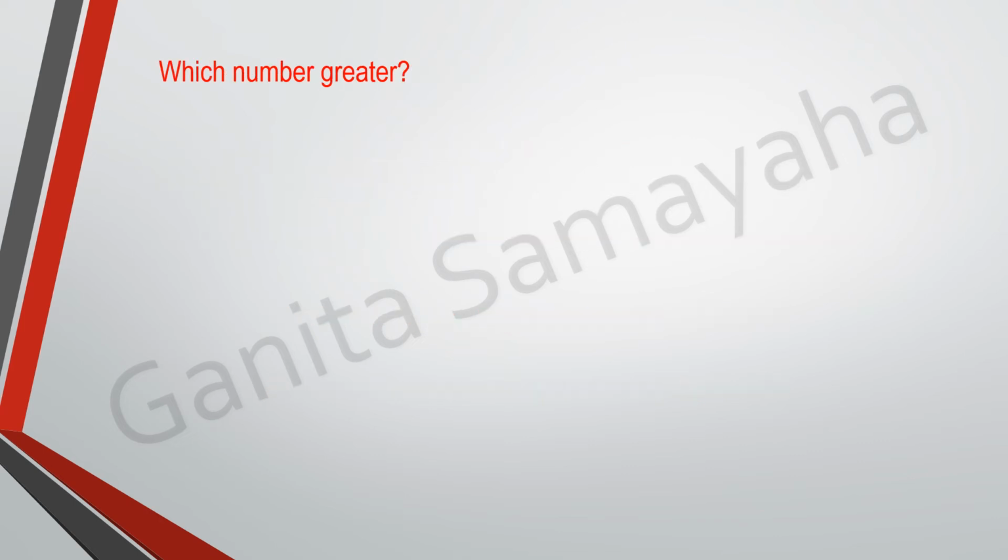So we have understood that as we move from left to right, the numbers are increasing. So the greater number lies to the right of any given number. So let us do a few exercises to understand this, children. Between plus 10 and plus 12, which is a greater number?